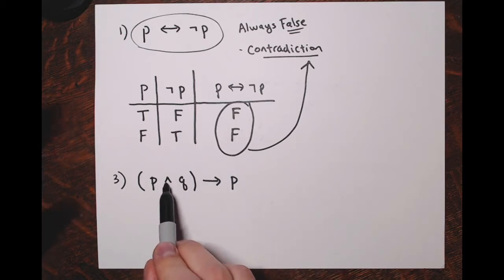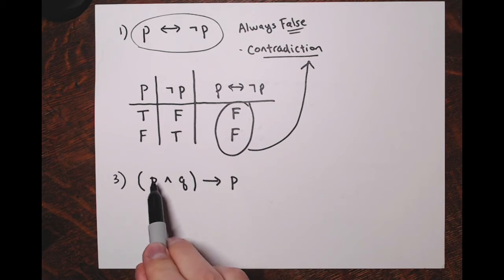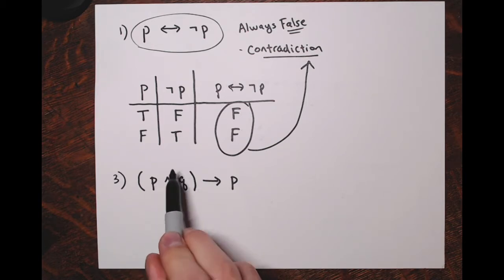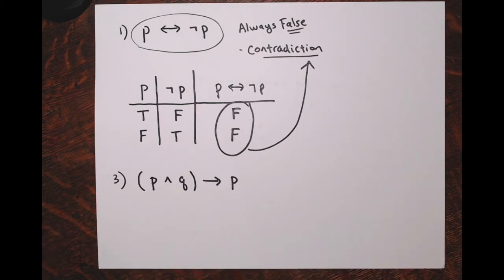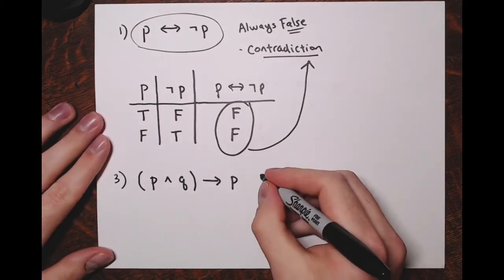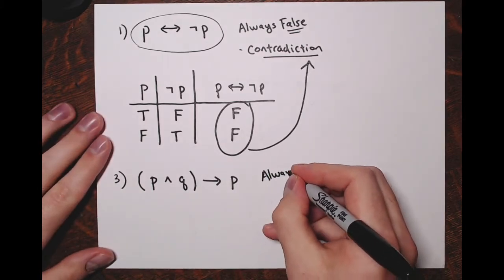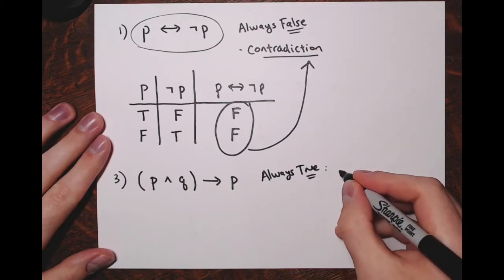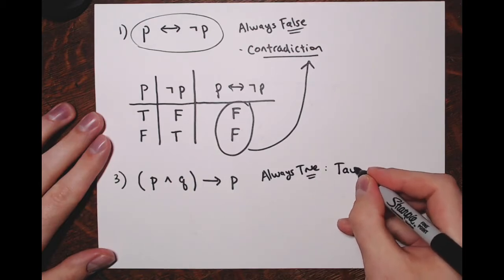You'll have false and whatever, which will be false, because remember, the and is only true when both are true. So this will be a false hypothesis, which makes the whole thing a true statement. This is always true, I can see that right now, but we'll see it in a truth table as well. That's called a tautology.